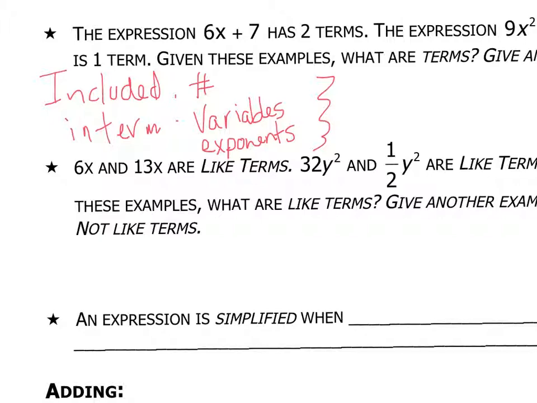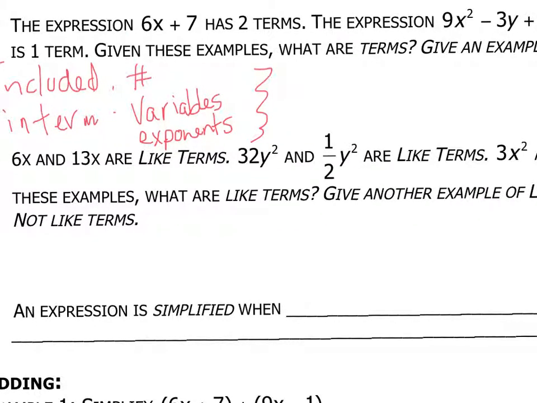Okay, so now let's talk about how they are broken up. So what breaks up a term? How do we know that 6x plus 7 is two terms? How about this front table? What breaks up terms? Yes, ma'am, you are Mia.